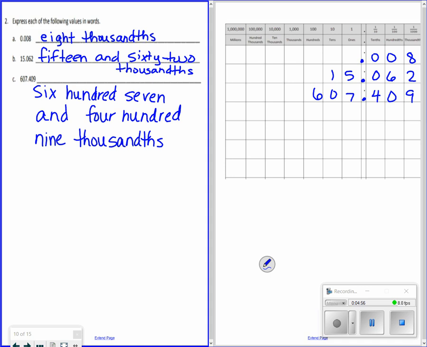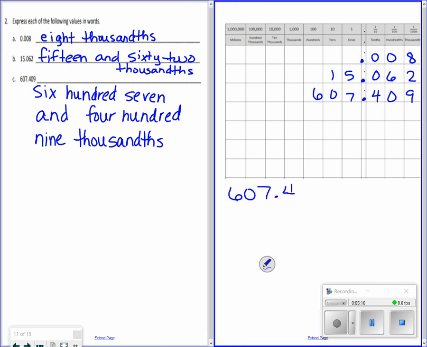And yes, this place value behind the decimal can go farther. We typically won't go farther than that, but it will. If I went here, you would actually say 607 and 4,096 ten-thousandths.